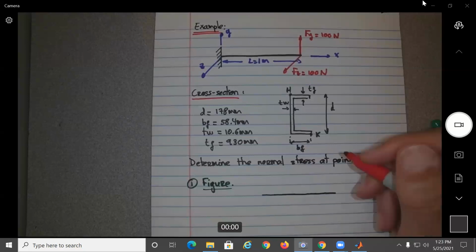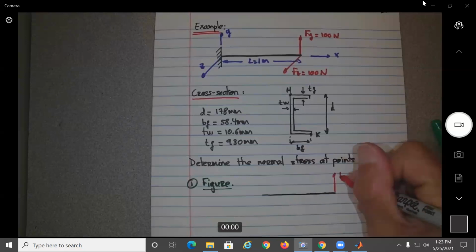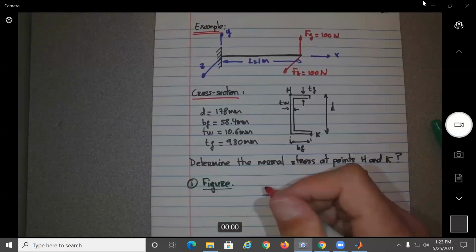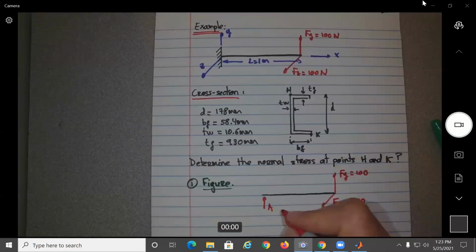We have here Fy, Fz, both of them are equal to 100. Now, what would be the reactions you have? You have here, let's say, a Y. You might have too many things on one figure. All right, so let's do the figure.